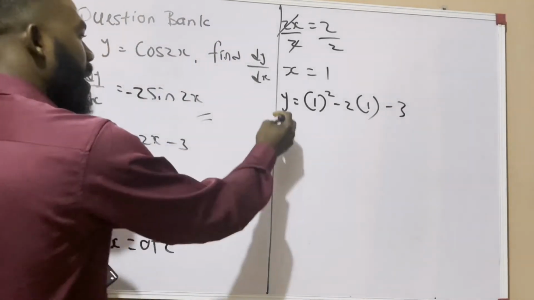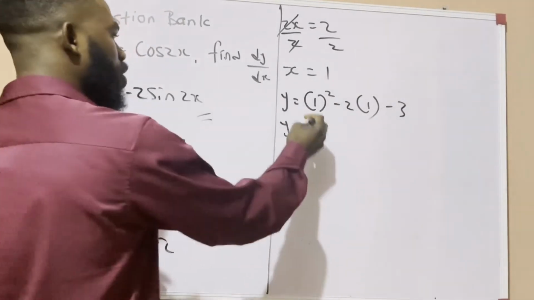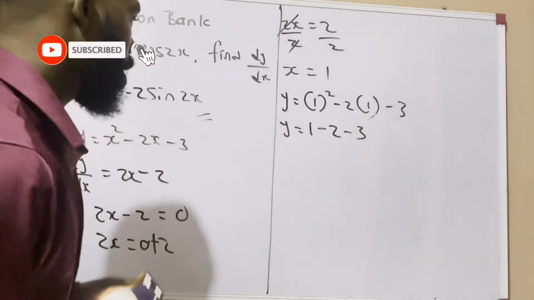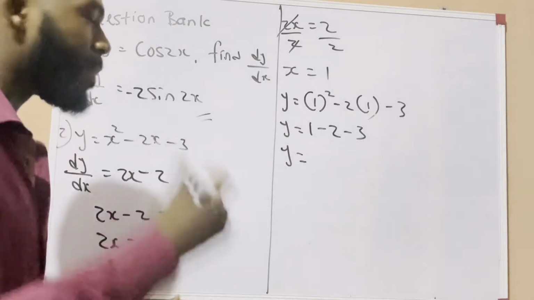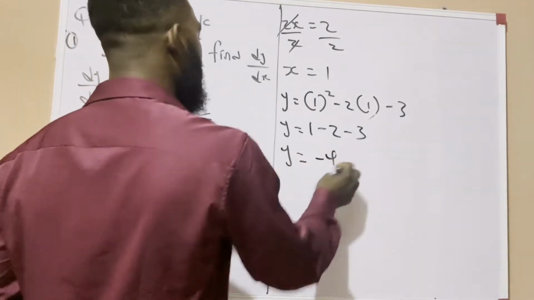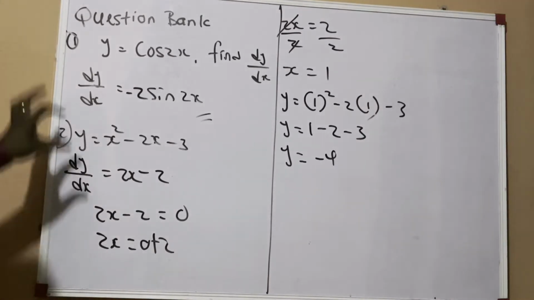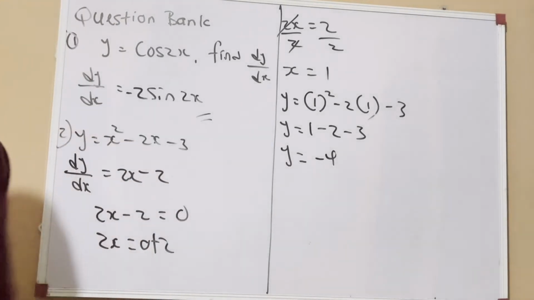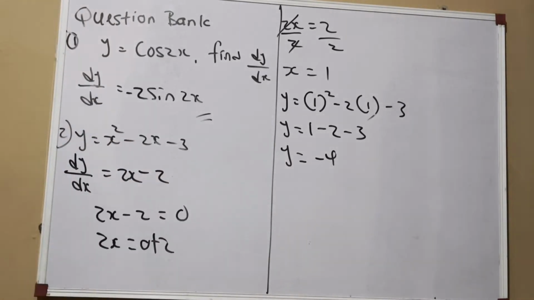So y is equal to 1 raised to the power 2, which means 1 times 1, which is 1, minus 2 times 1, which is 2, minus 3. Now y becomes 1 minus 2, which is minus 1, and minus 1 minus 3 is minus 4. So the answer to the minimum value of this function is y equals minus 4. This is the answer to question number 2 from the students.